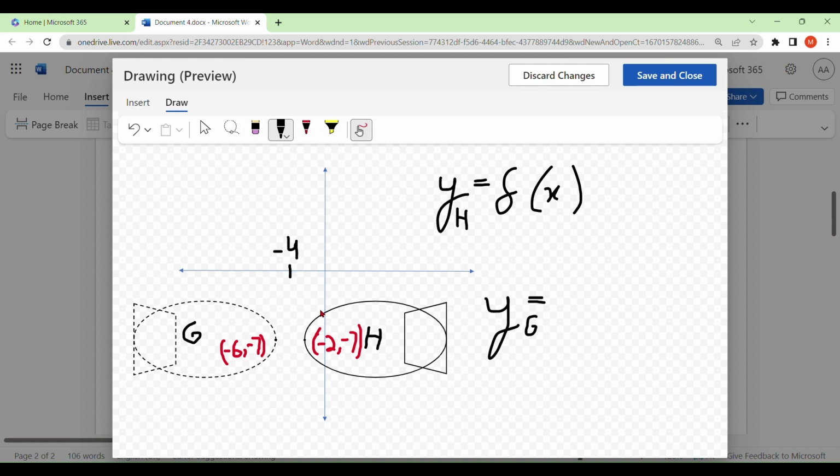This is a straight vertical line. As the x-coordinate has changed from minus 2 to minus 6 and the y-coordinate remains the same, it has reflected by the line of reflection x is equal to minus 4. So the new equation would be f of minus x.